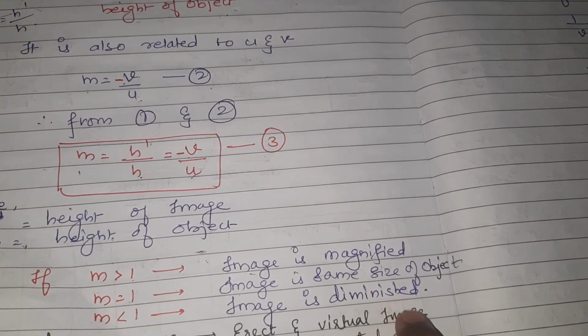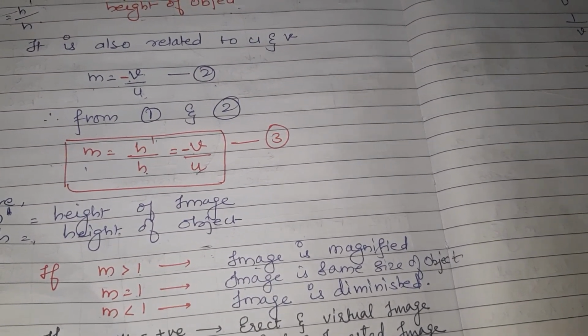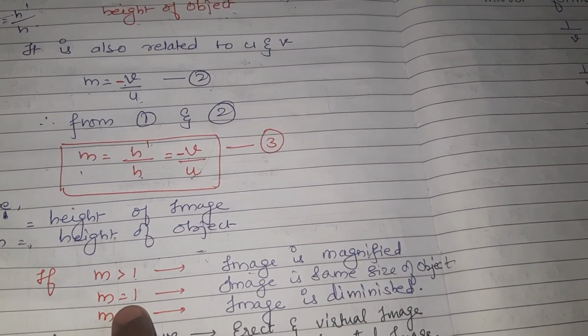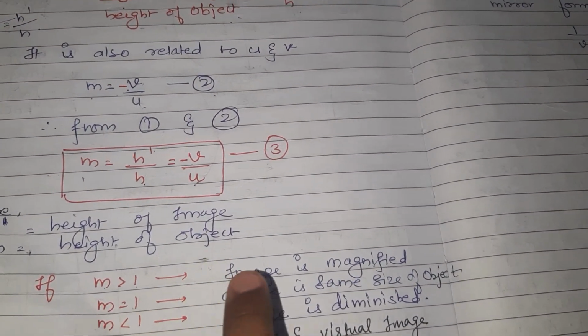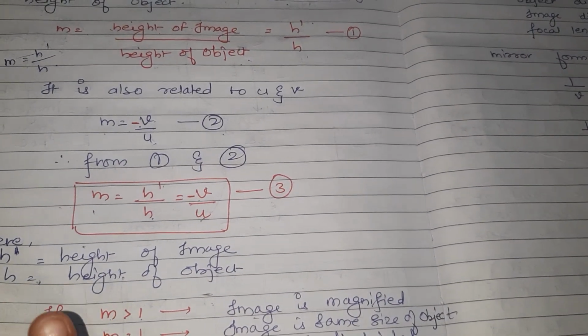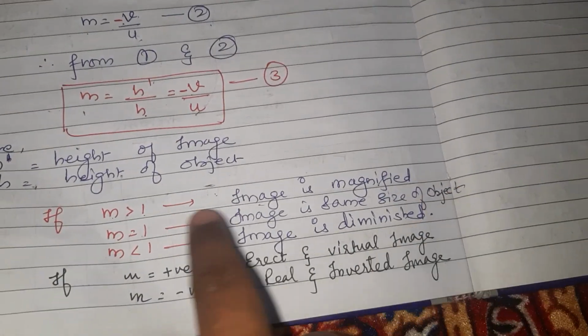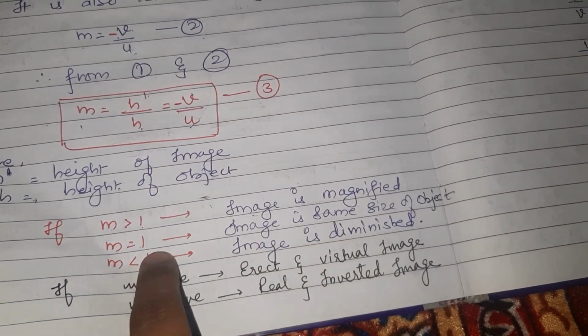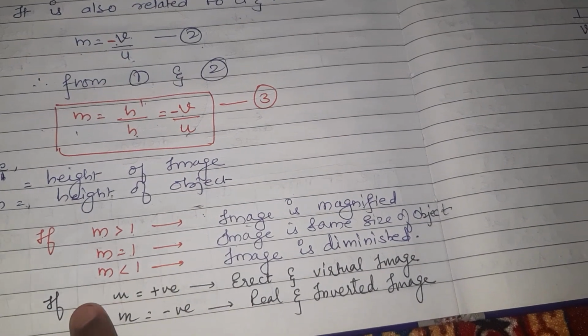That is, the image of the object is smaller than the size of the object. If m is equal to 1, then the image is the same size as the object. This will happen when the object is present at the center of curvature, in the case of a concave mirror.